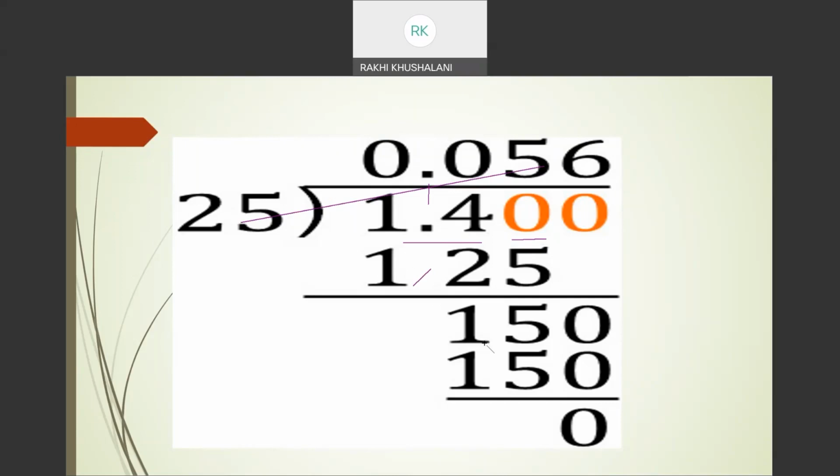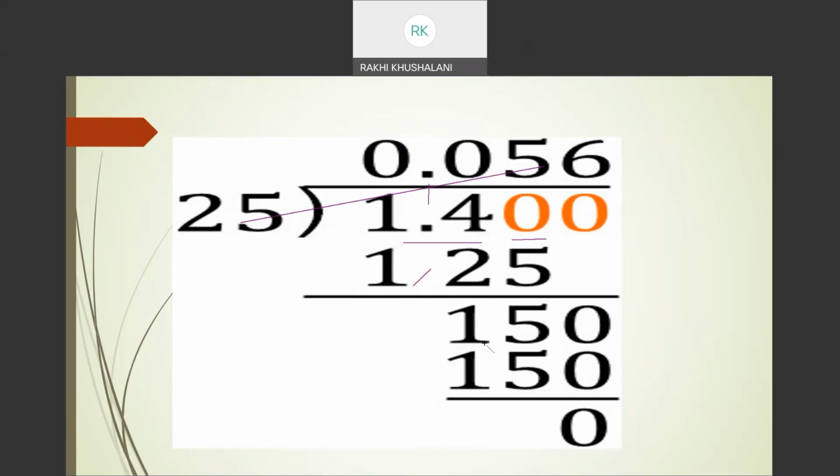15. Again, 15 is not divisible by 25. But you know, in decimal division, you have to make sure you continue your division until you get the remainder 0. Because you cannot represent what remainder is remaining, because you added 0 there. Now you cannot say that 15 is the remainder when the dividend was 14, right?